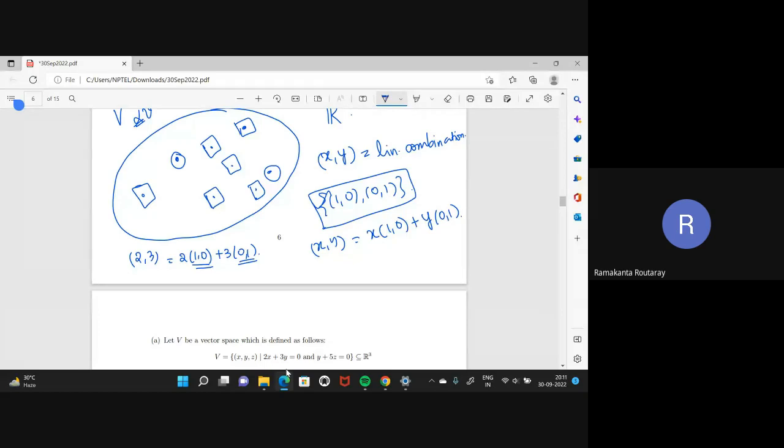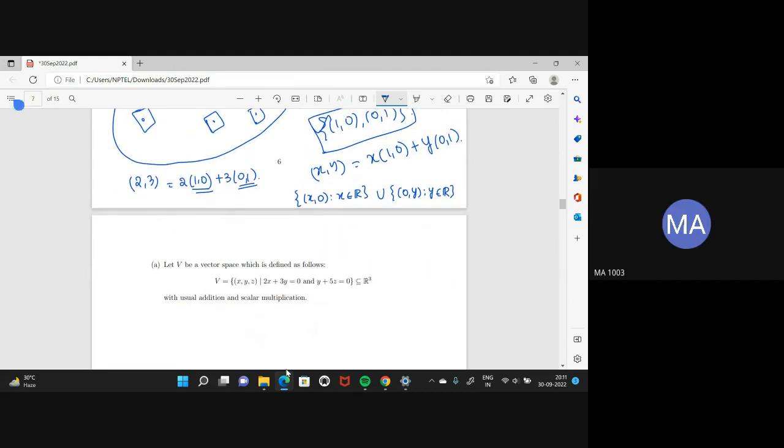If x, 0 is a subspace, and 0, y is another subspace, then will their union be a subspace? You tell me, will it be a subspace? It should be, ma'am. Why should it be?